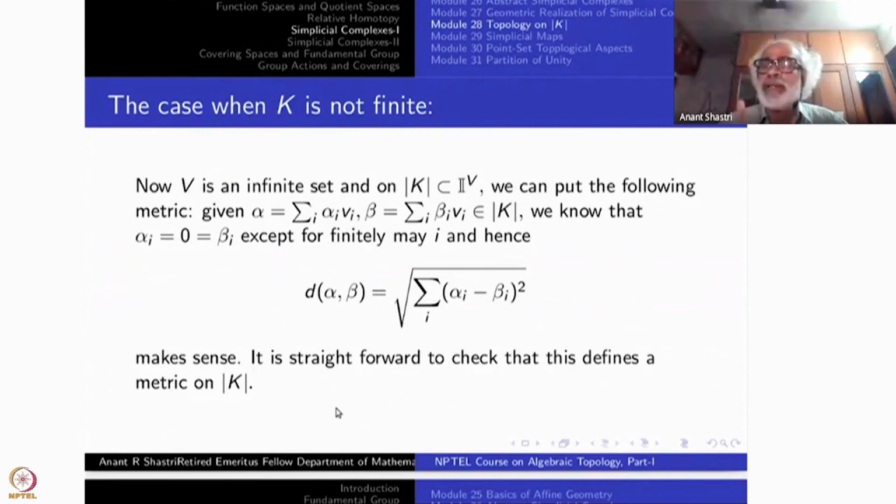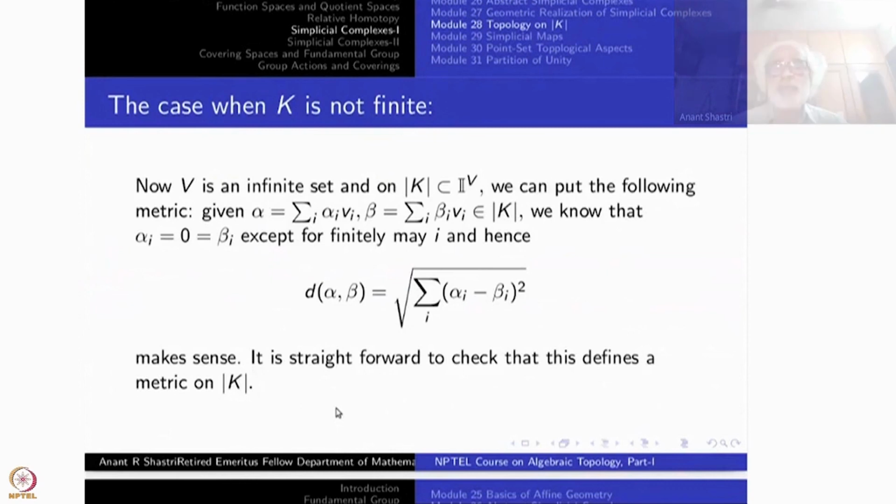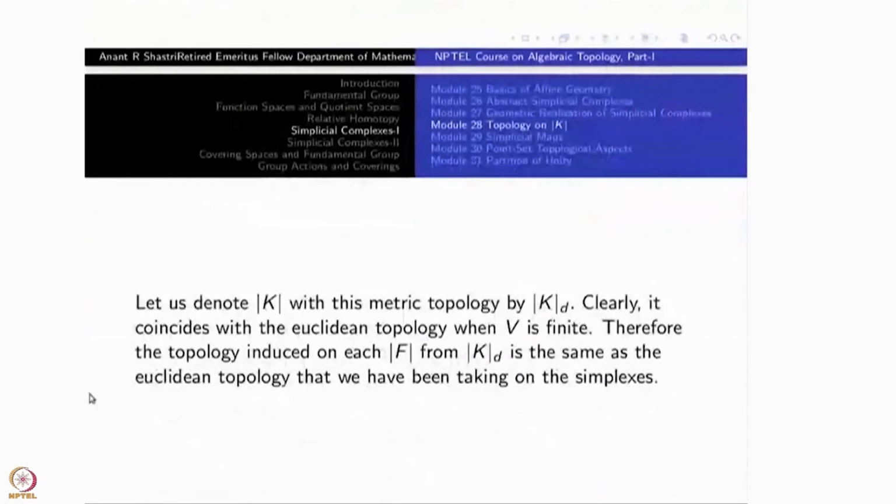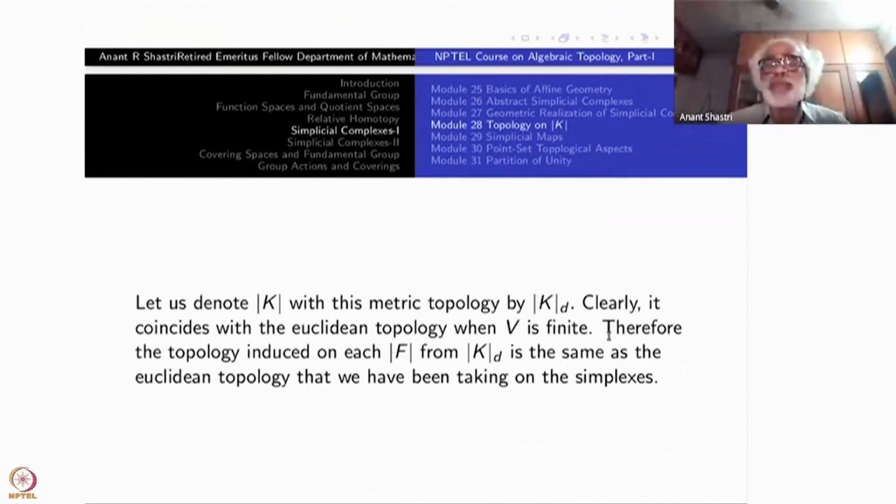All right. But we are using a different property of that space. This metric topology on the infinite thing is not a good thing for us, so we will modify it. Let us denote this mod K with the metric topology by K_d, suffix d, because we are not finally interested in this one. This is only an intermediate step.